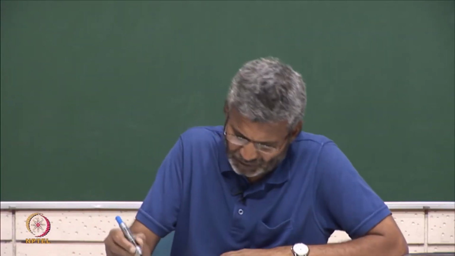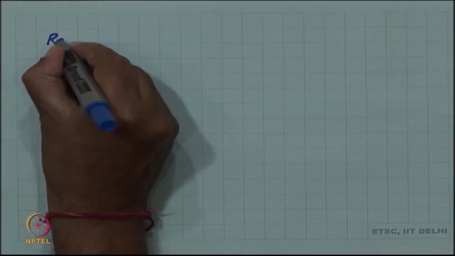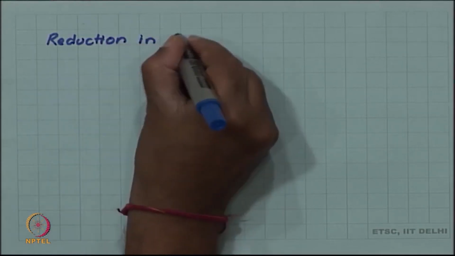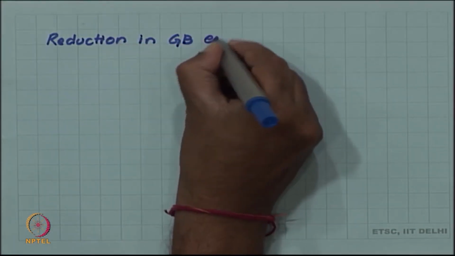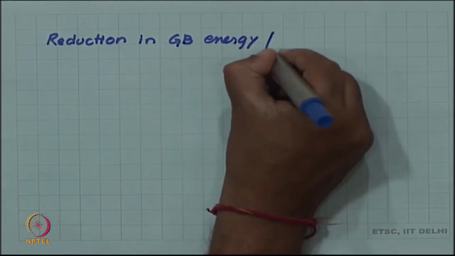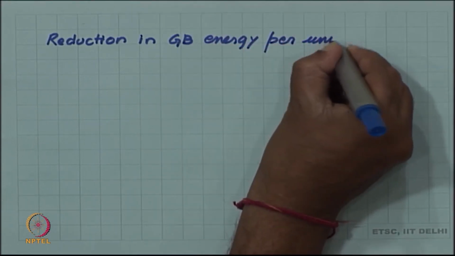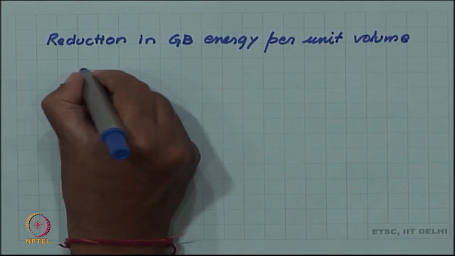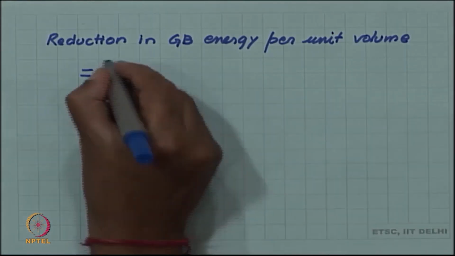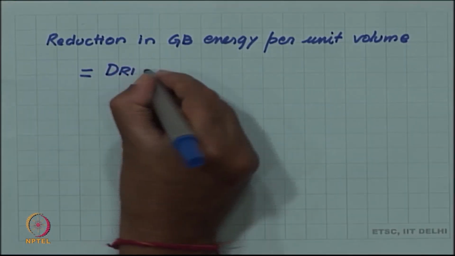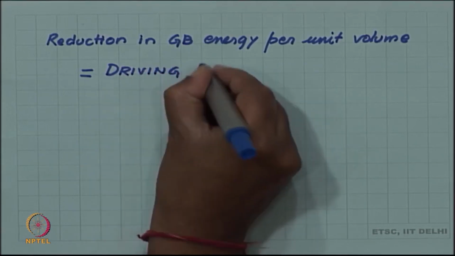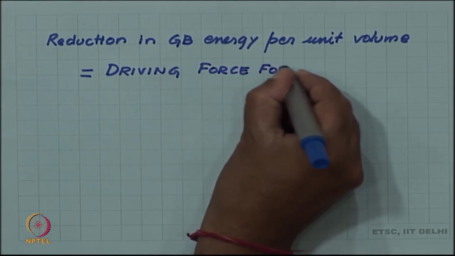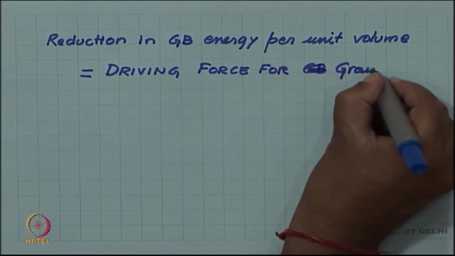Associated with this reduction, there is a reduction in grain boundary energy per unit volume, and this is what is the driving force for grain growth.